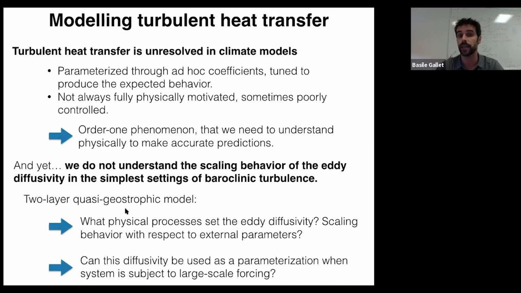What is the scaling behavior of that diffusivity with respect to the external parameters of the problem? And then once I've understood that scaling behavior, can I use it as a parameterization? Can I use that diffusivity as a closure when the system is subject to some large-scale forcing, which is inhomogeneous in the meridional direction, like you would have on a planet?